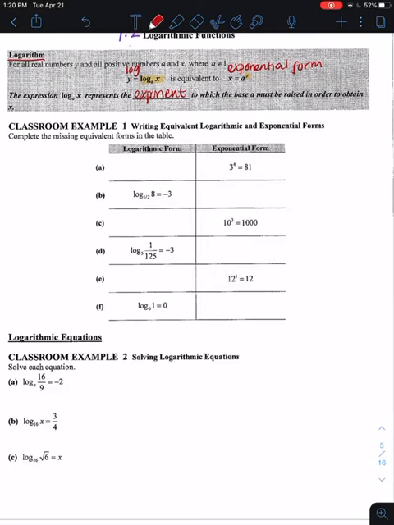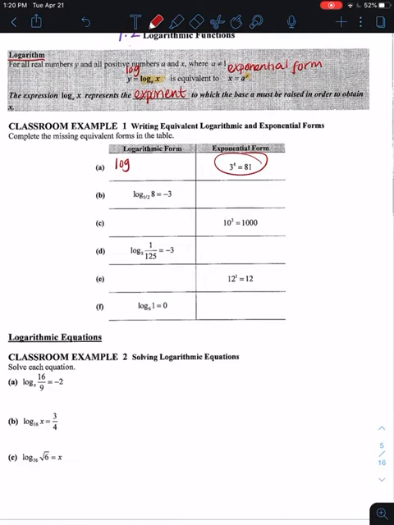So let's go back over this looking at the first example. We're going to be writing from log form to exponential form. Looking at part A, they give it to us in exponential form. The base of the exponent is 3. The exponent itself is y.